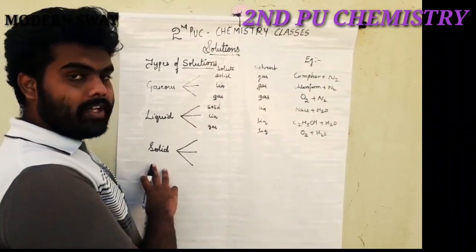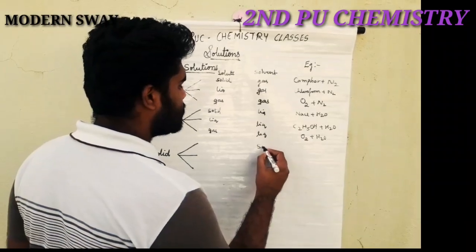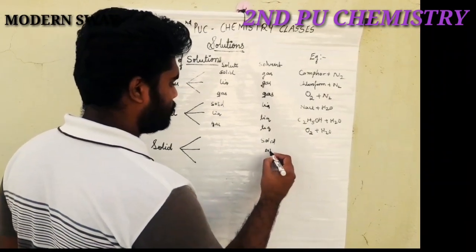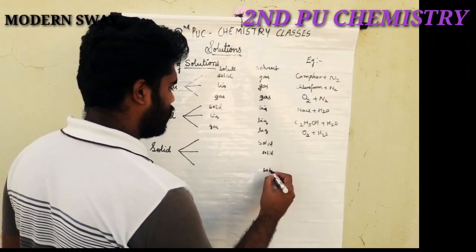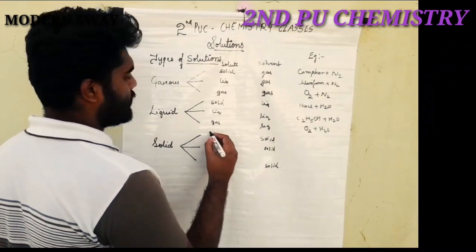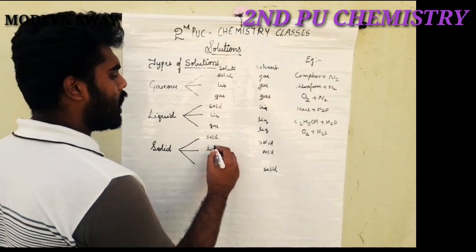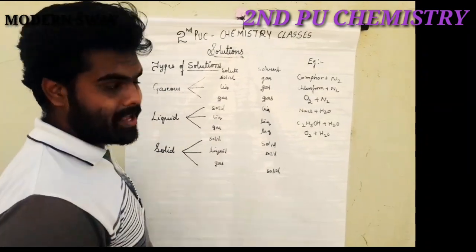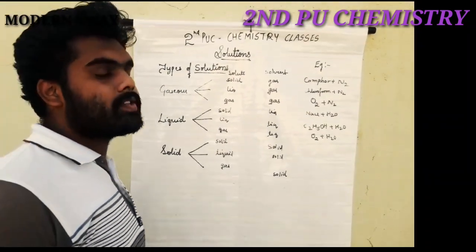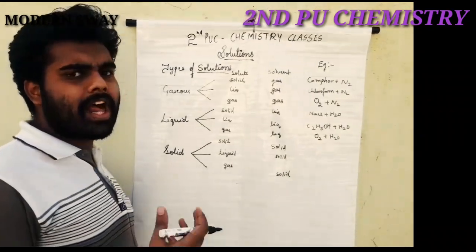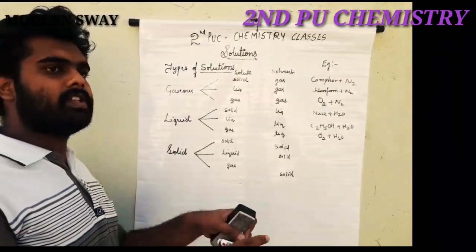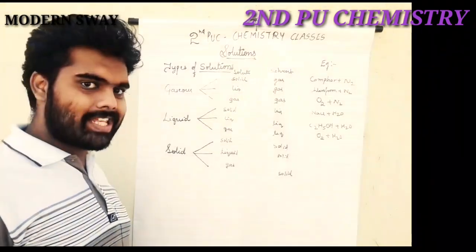Next one is solid solutions, where your solvent is a solid everywhere, whereas your solute can be a solid, a liquid, or a gas. First is solid in solid. A very good example is alloys, because an alloy is a homogeneous mixture of two or more metals especially.